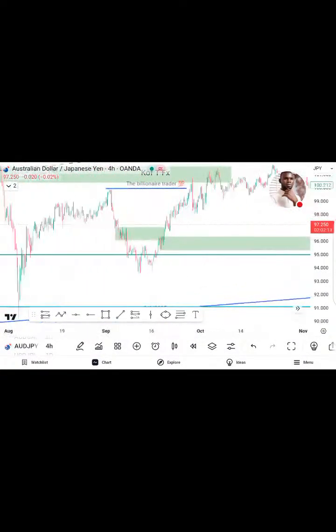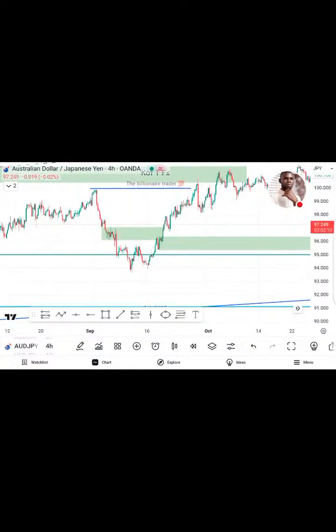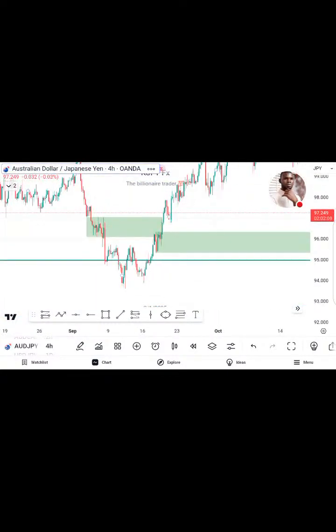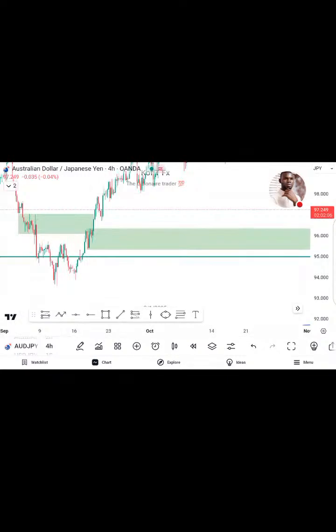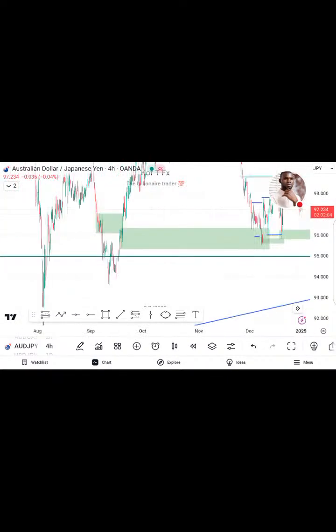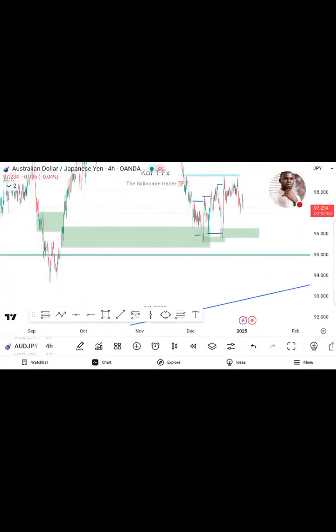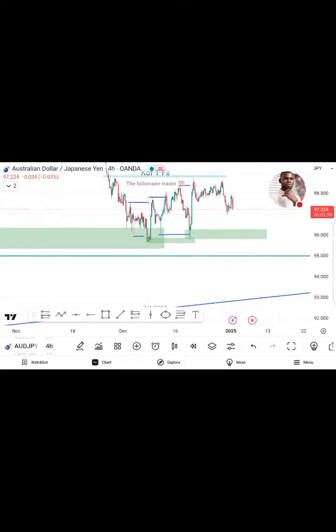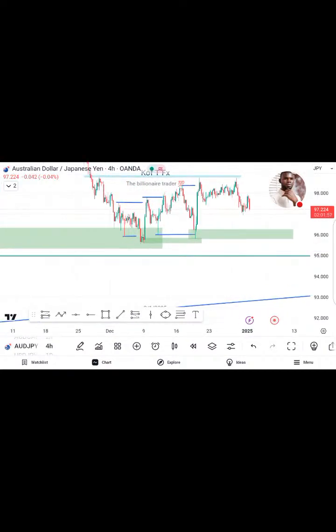As you can see, this area is a supply turn demand area, and that's exactly where price was created before we have this break of structure here.